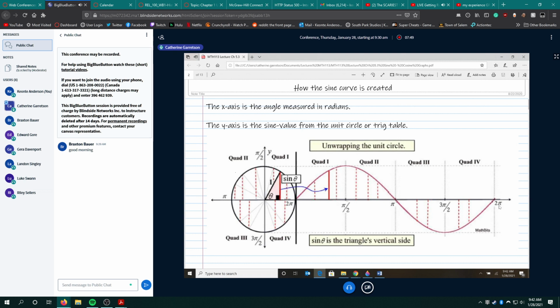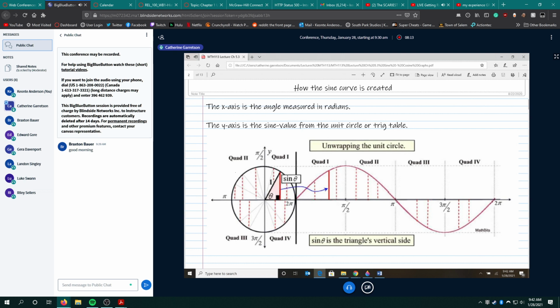So the next would be 2 pi plus pi over 2, which is like 2 plus 1/2, which is 2.5, which is 5 pi over 2. And then 3 pi, and then 7 pi over 2, and then 4 pi. So it just keeps getting larger.